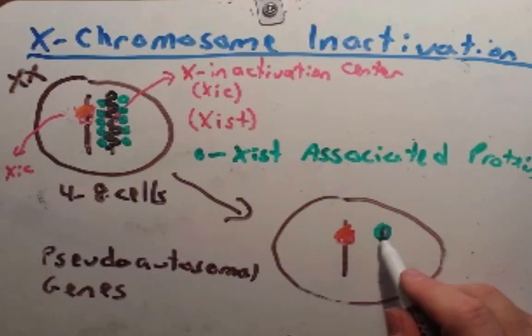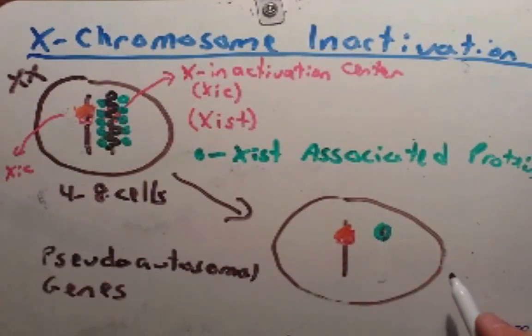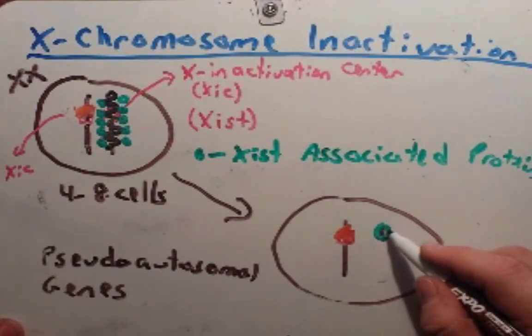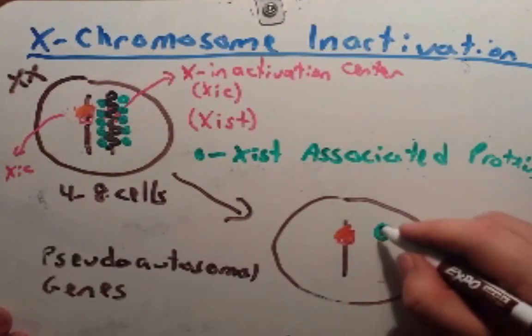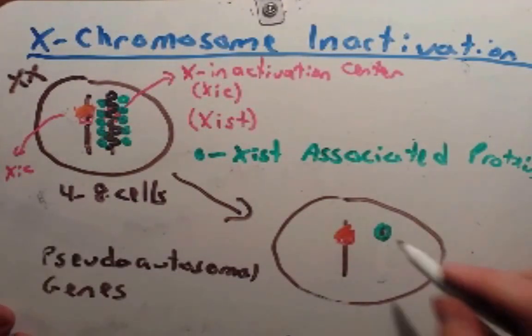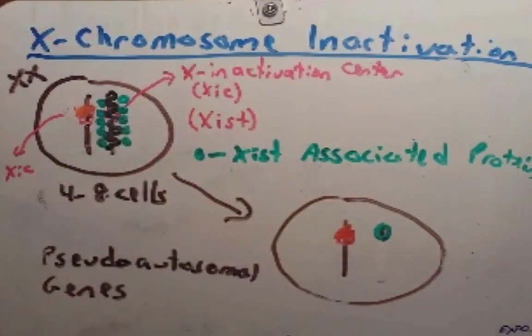Well, if this is an inactive X chromosome, how can they both be expressed? Well, the reason for that is because it's only mostly inactivated. I know that's kind of lame to say, but that's really what's happening here. This is very good at shutting down many of the genes, but not all of the genes.